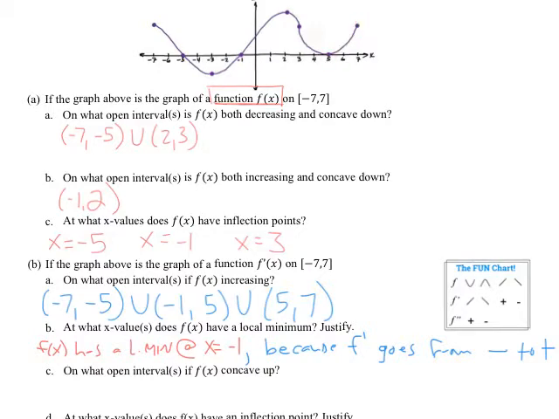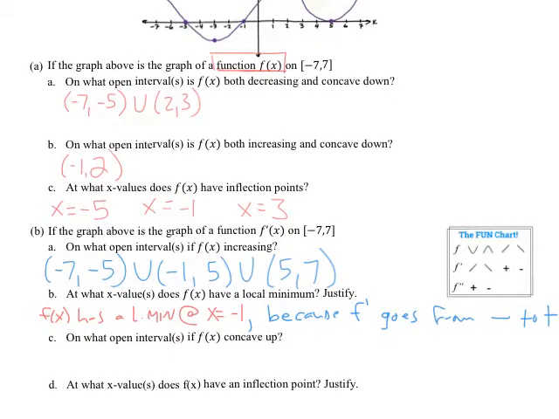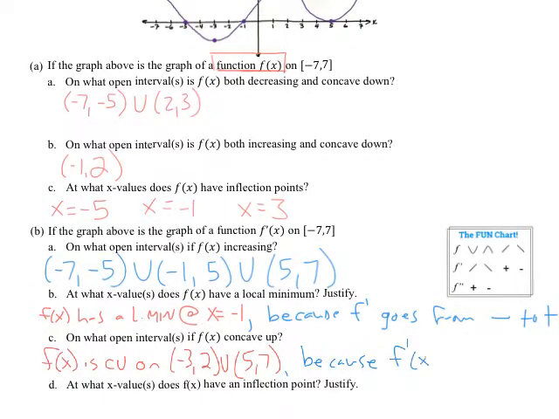So write that in here. f of x is concave up on -3 to 2 in union with 5 to 7. And the justification again for that is because f prime of x is increasing.